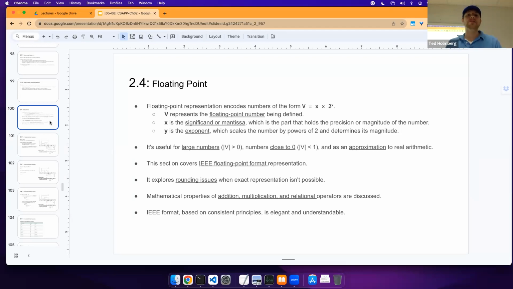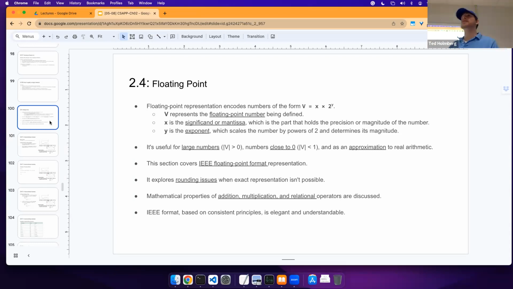Okay, so our floating point representation, as we're going to see in this section, is going to be encoded in the mathematical form of V. V is going to represent our floating point number, our bit vector, and we can represent that as some x times some power of 2, where the power of 2 is y.